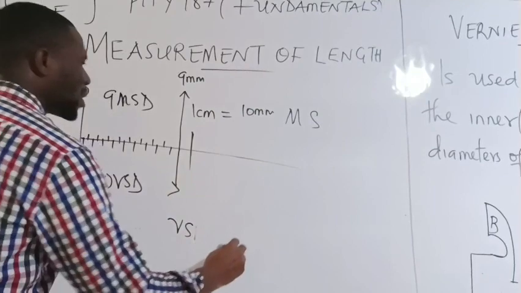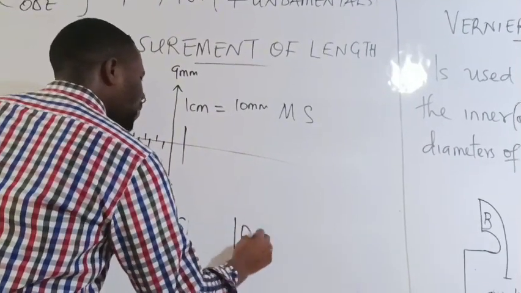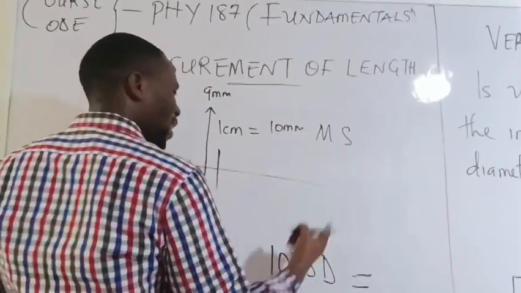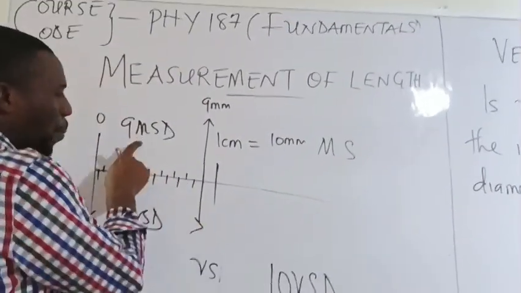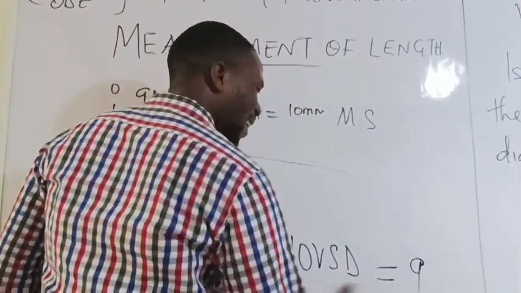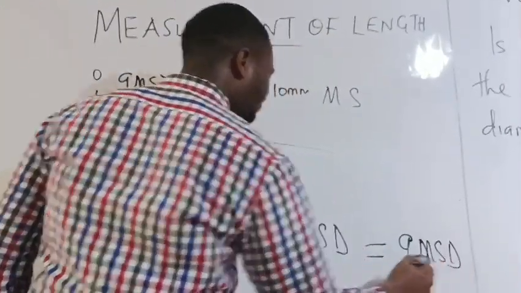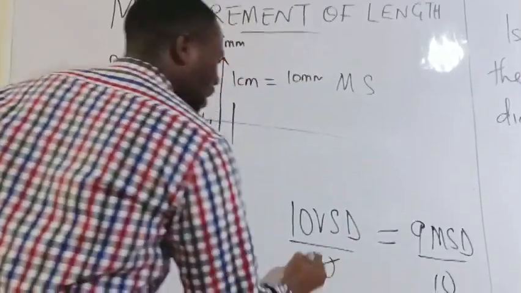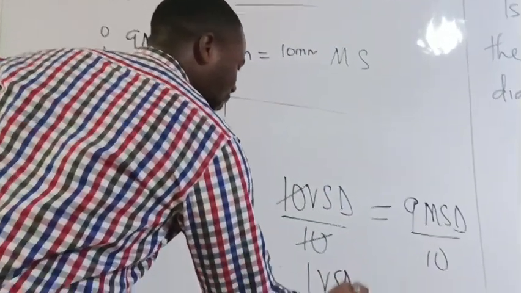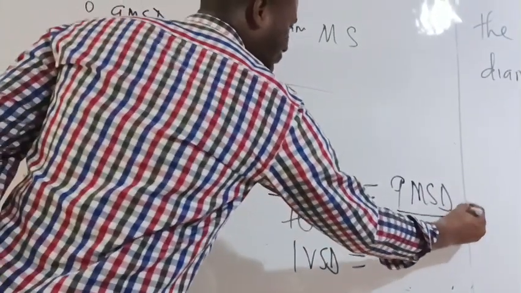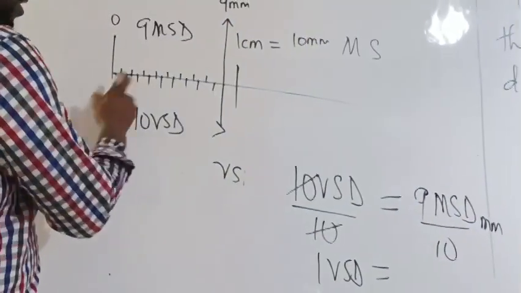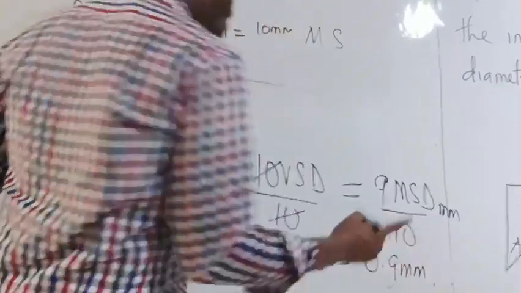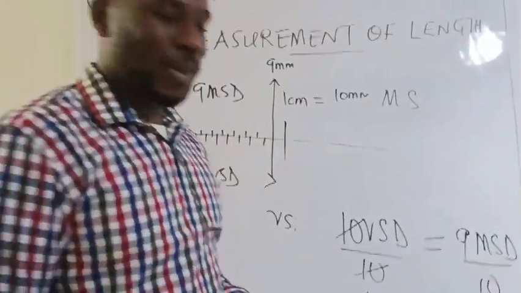So what it simply means is 10 Vernier scale divisions, when we express it in terms of the main scale, is 1 less than 10, that's 9 main scale divisions. If I divide through by 10, 1 Vernier scale division, in millimeters, because the smallest mark here is a millimeter, is 0.9 millimeter. So 1 Vernier scale division is just 0.9 millimeter.